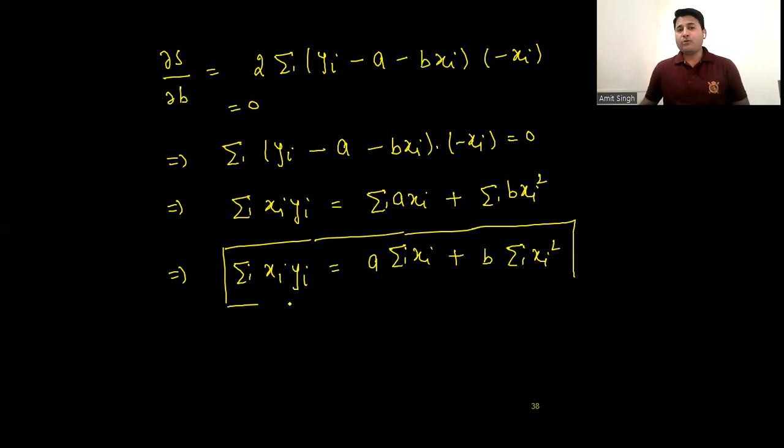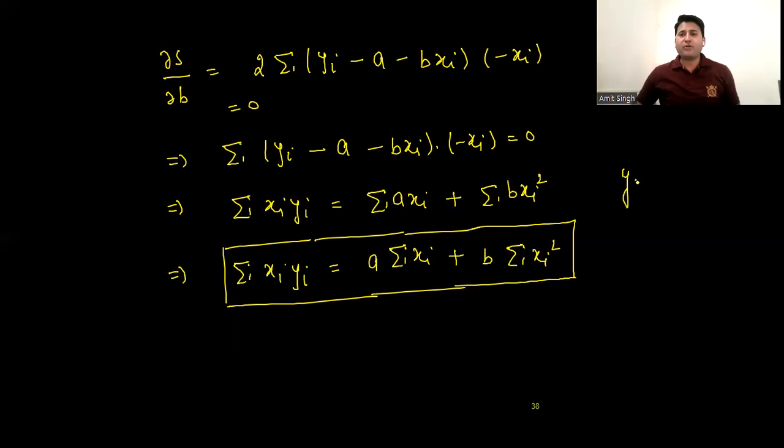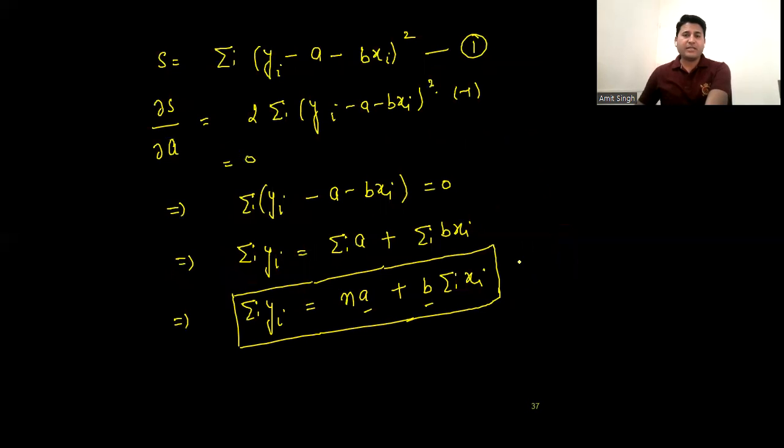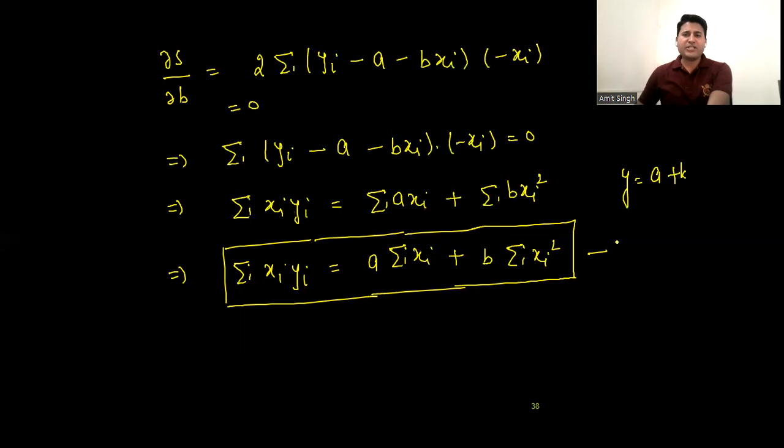Now, as I told you initially, the rest you can cross-check: on these two points, the function will be minimum. As I told you initially, in the given curve we are supposed to fit an equation of the form y equals a plus bx. So A and B are needed, and they are obtained from these two equations, equation number 2 and equation number 3. These two equations are known as the normal equations. So what are the normal equations?